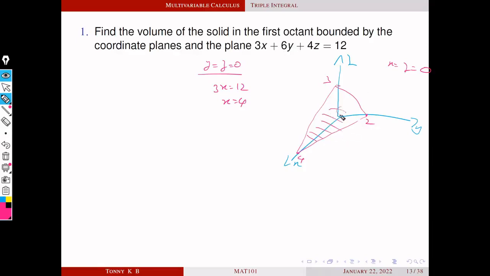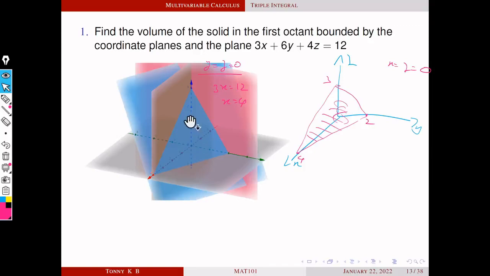So this solid region is our G, and we have to find its volume. I will show the exact shape of this solid. This blue one is our slanted plane passing through 3, here it is 2, and this is 4.